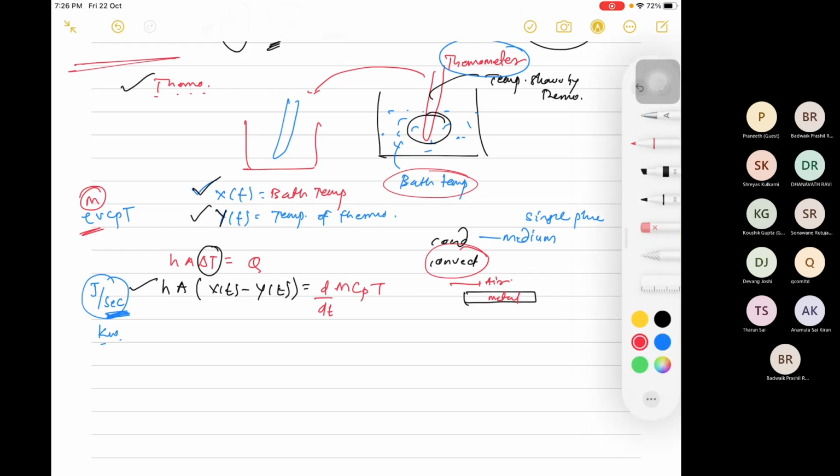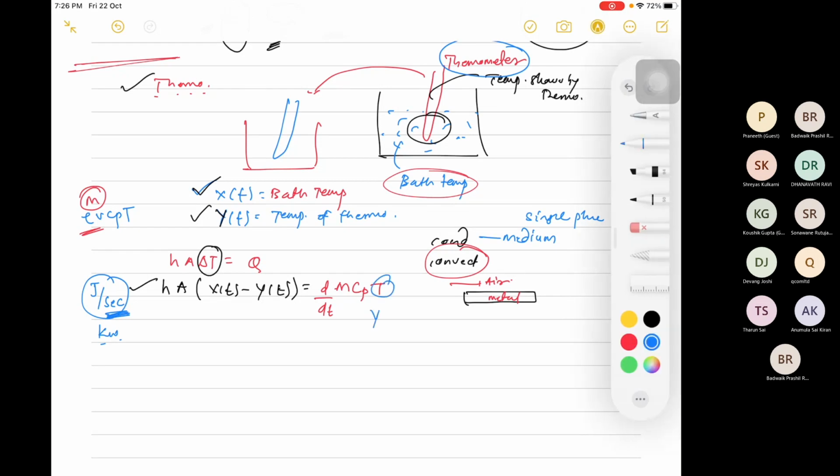Now I'm replacing this T by capital Y of T. So HA X of T minus Y of T, capital में, is equals to d by dt of Y of T into mCp. So m is basically what? Mass of, or you can say this is liquid whichever is there in thermometer, you can take any. Okay, and Cp of that only. So I'm neglecting other resistances.